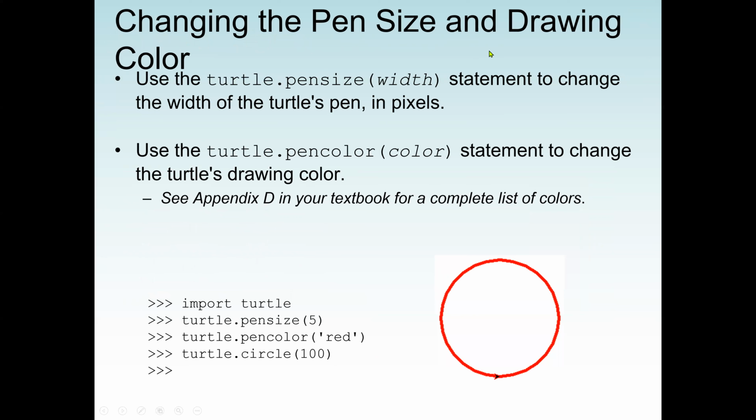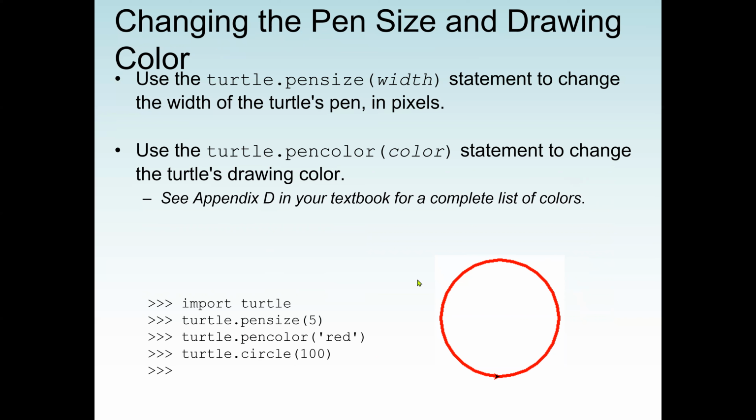So now we also have a special function called pensize that will give us the thickness of whatever shape we are drawing. And also we can use pencolor to change the color. Previously, all our drawings were just the default black. But now you can see we import turtle.